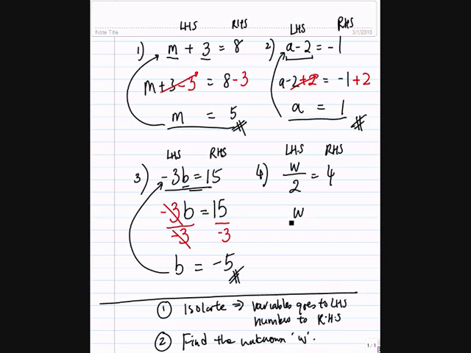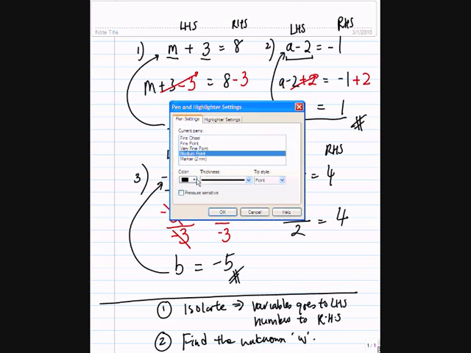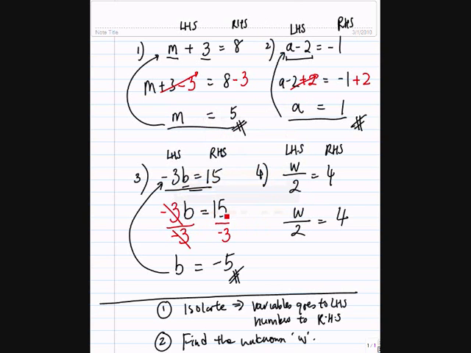So in order to make the 2 disappear, we just want to find the value of w. So in order to make the over 2 disappear, we need to multiply the whole expression by 2, because 2 and 2 cancel, I'm left with w. If I multiply by 2 on the left hand side, I need to multiply by 2 on the right hand side. Am I right?